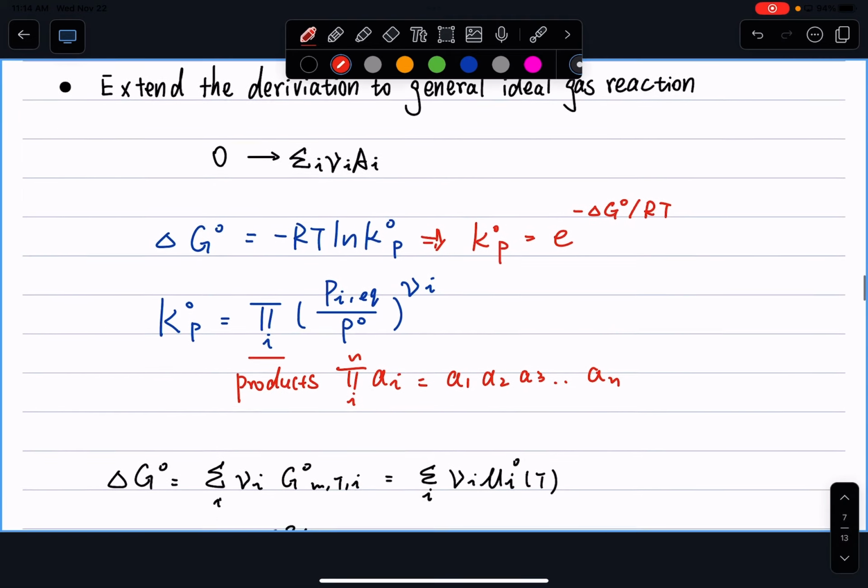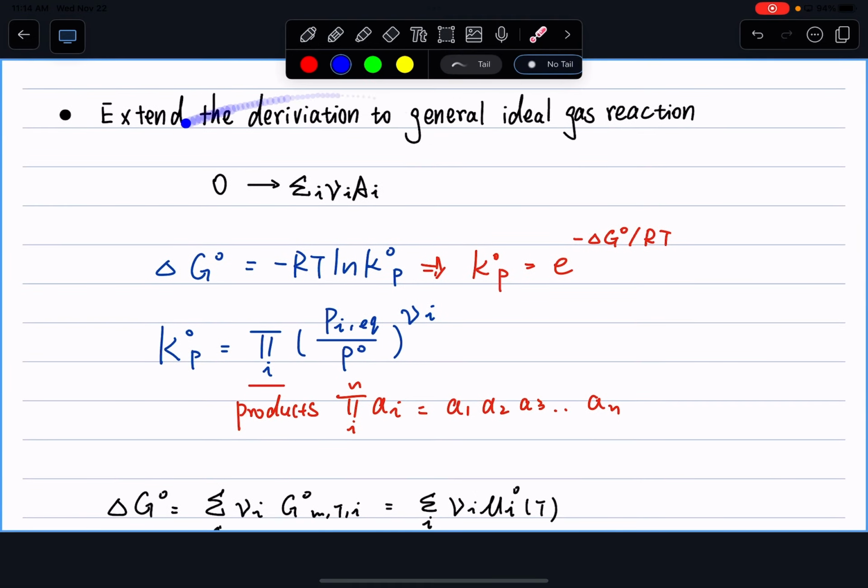We then take some steps to generalize our expression for the equilibrium constant and also for the Gibbs free energy of the reaction. So instead of having aA plus bB equals cC plus dD, we're just saying for any chemical reaction, this expression holds true.